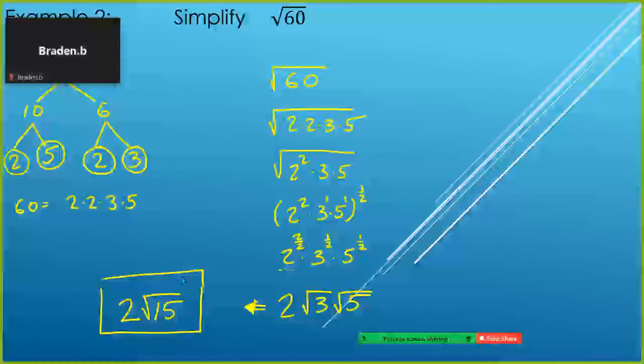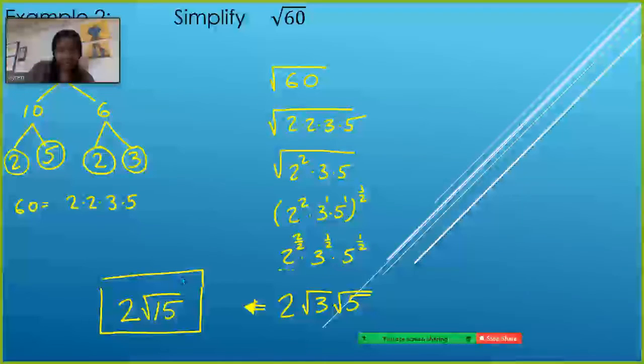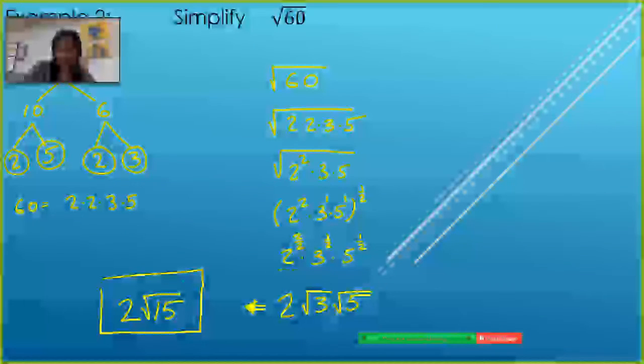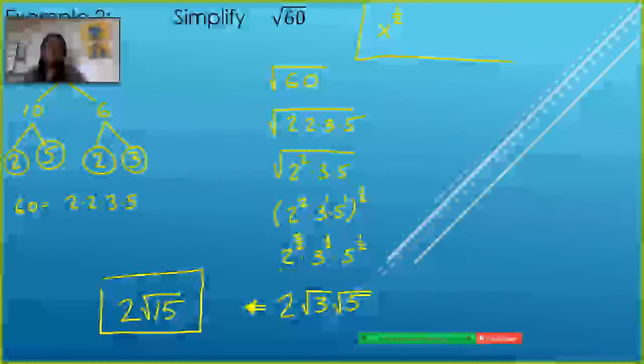Questions, comments, concerns? Wait, what happened to the half? Good question. So remember in general, Aaron, remember 1/2 power means square root. I'll put it here at the top. X to the 1/2, and I'll circle this. It's just a side example.